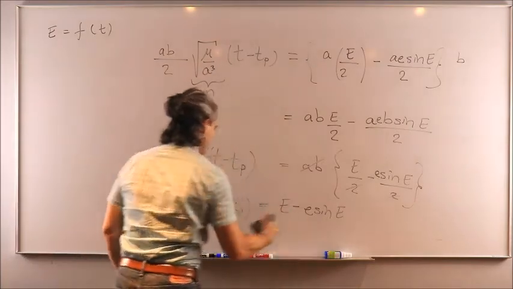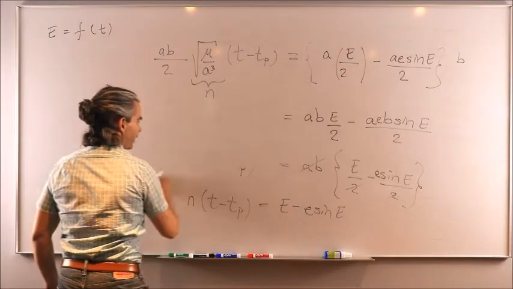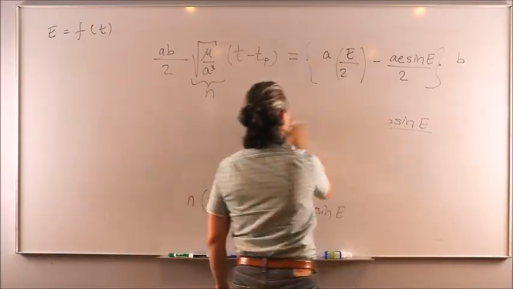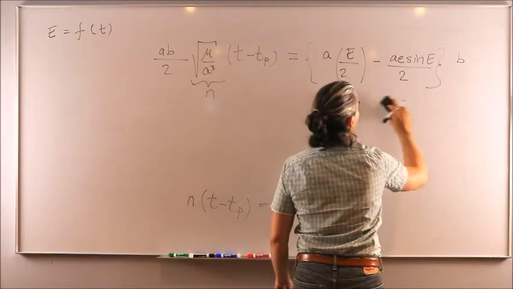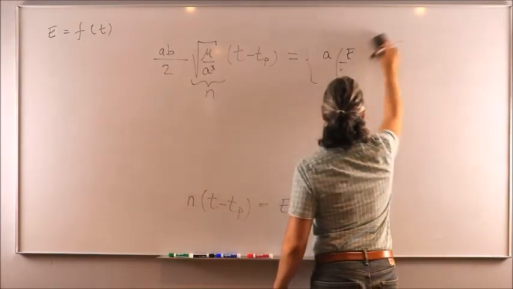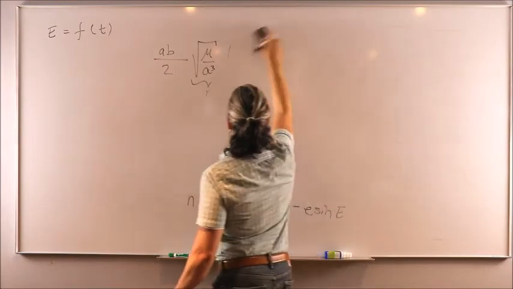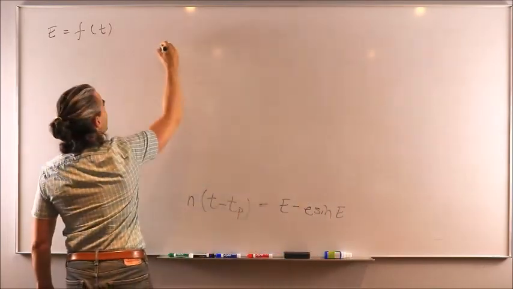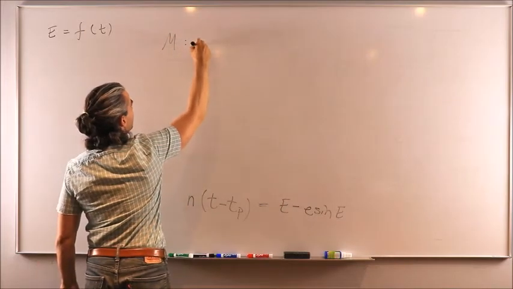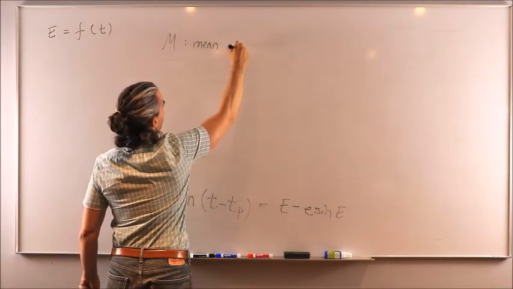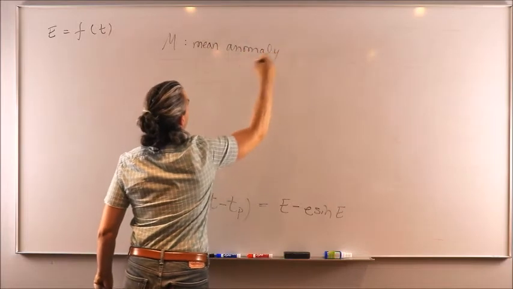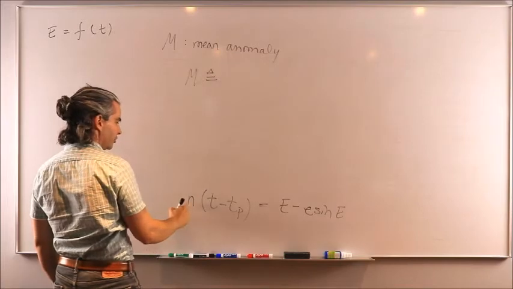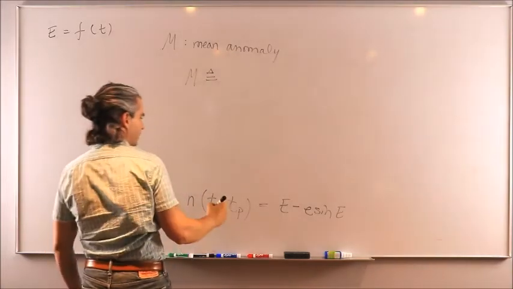What we're going to do next is to define another variable, which is the mean anomaly. Oh boy. So now we have the true anomaly, theta. We have the eccentric anomaly, E. And now I just said that we're going to define the mean anomaly, which is denoted by capital M, which is equal by definition to this term here on the left-hand side of that equation.